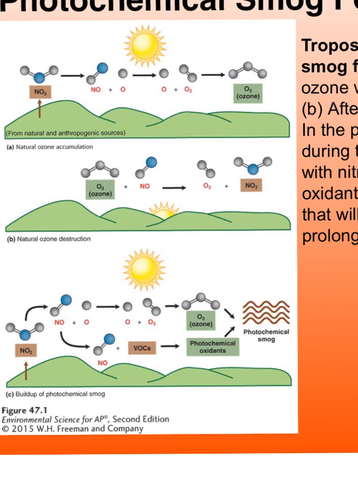Now, here's what happens to some of that nitrogen oxide, the nitrogen monoxide, if there are VOCs, volatile organic compounds. Some of them will do the natural process of ozone, which will create a little bit of heat and refract some of the light, deflect it, and scatter it all over the place. But if you have VOCs, you have these photochemical oxidants, which will scatter that light so much, and it'll keep the heat there even when the sun is gone.